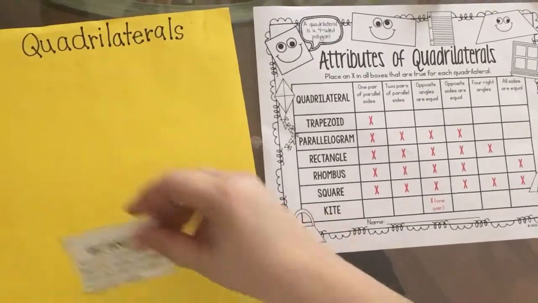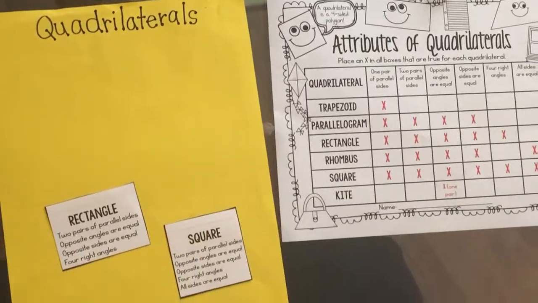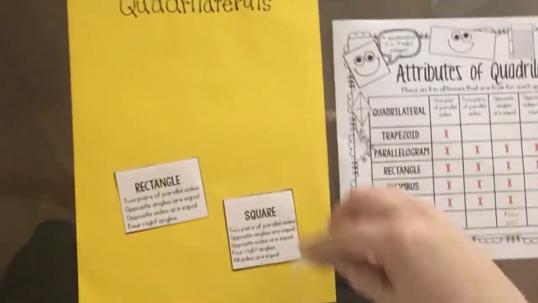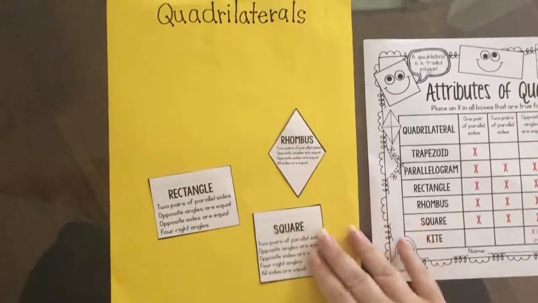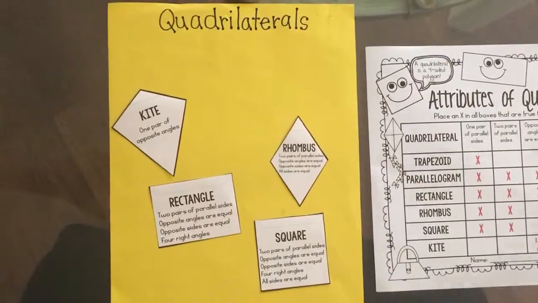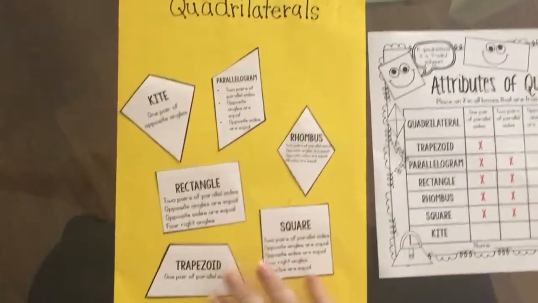Now, I'm looking here at the main types of quadrilaterals that we have, which are rectangle, rhombus, square, kite, parallelogram, and trapezoid.